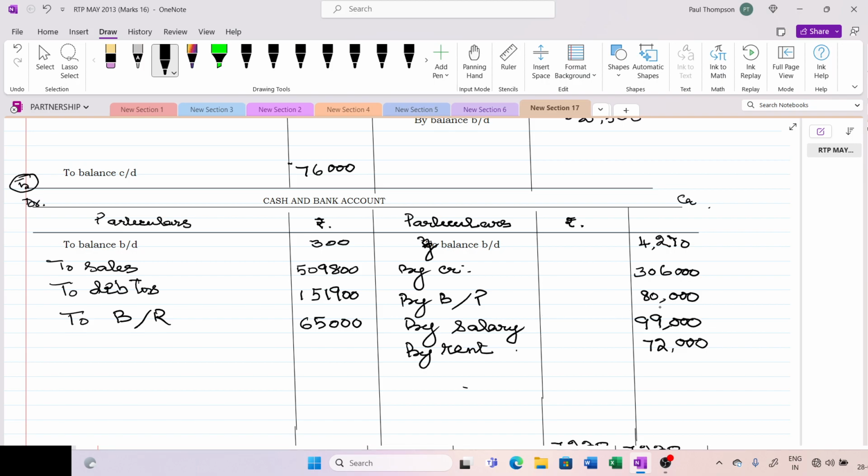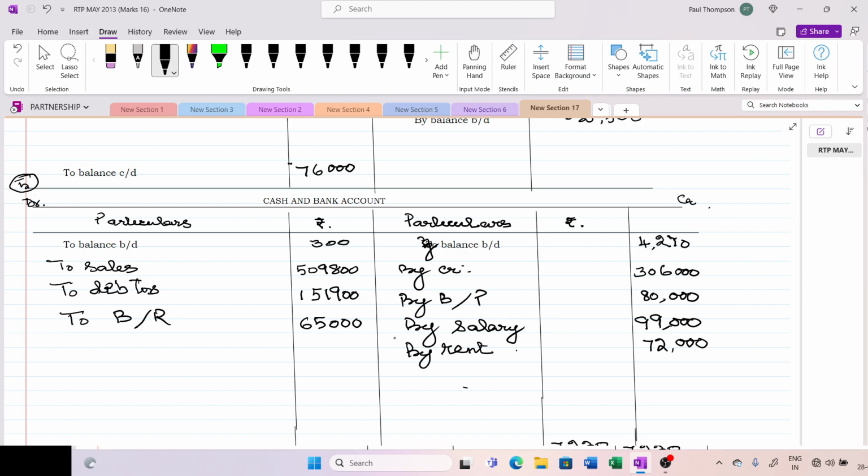Because bills payable paid is 80,000, cash account or bank account is credited, but bills payable account will get debit. All these items will get a debit. Salary account will be debited with this amount. Rent account will be debited with this amount. The debtor account will get a credit of 150,900 by cash. So if you understand this, the sum becomes easier.